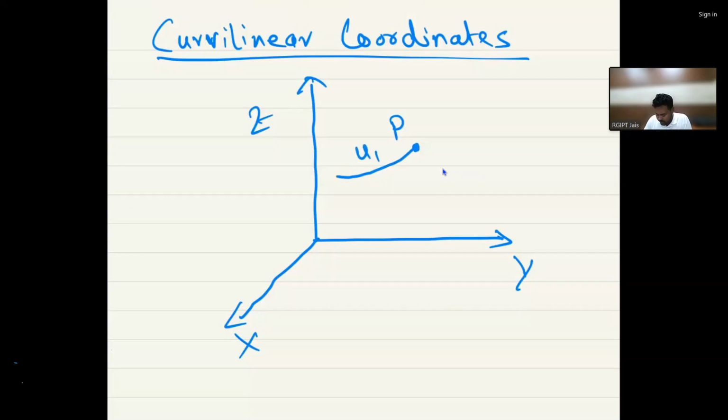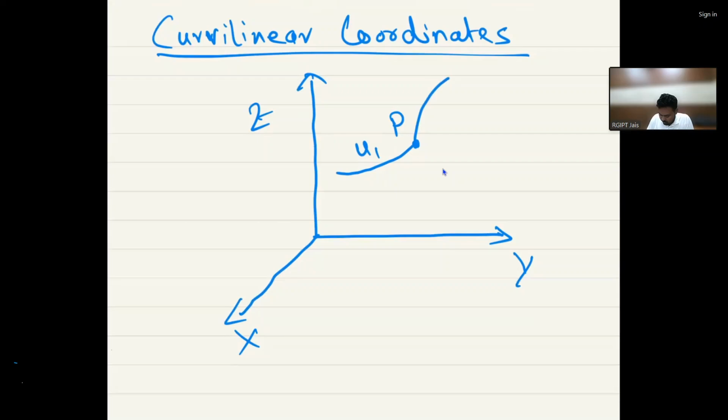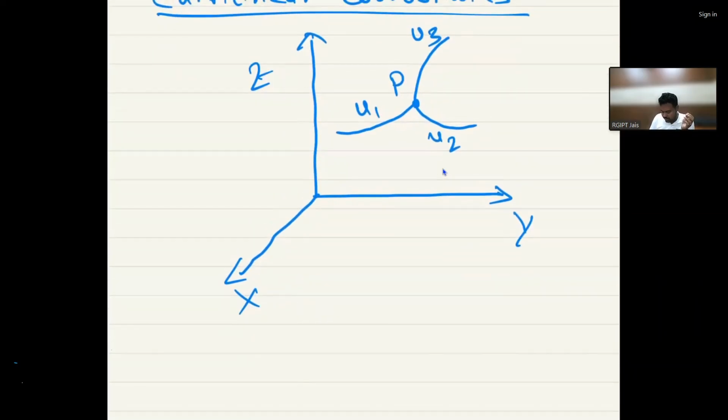You can draw them in any other way also, but in most books they are drawn like this, so I am also drawing like this. So this is U2, this is U3. As you can see, the x-axis, y-axis, z-axis are straight lines. But in this coordinate system, U1, U2, and U3, the coordinate axes are not linear. These are curved coordinates. So now we can represent this point P in the Cartesian system.